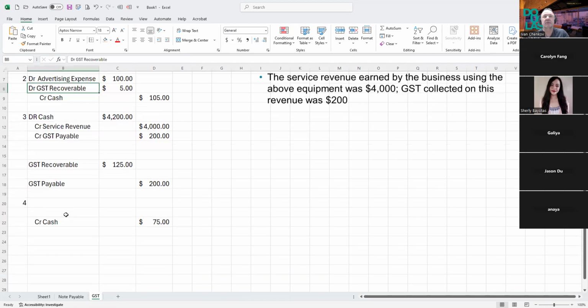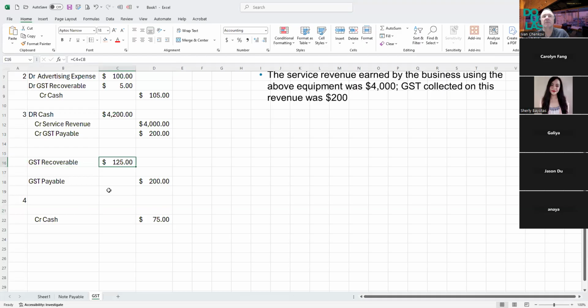How can I eliminate the debit on GST recoverable? By crediting that GST recoverable, right? And that will be exactly the money that the government has to pay me back.